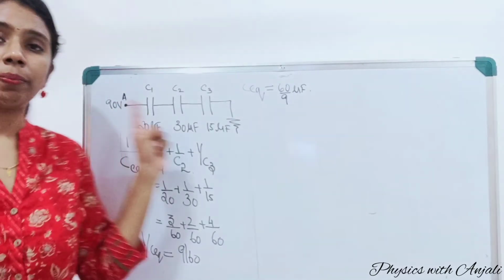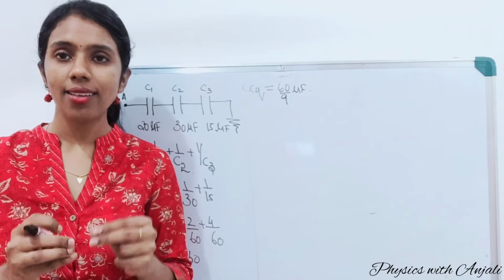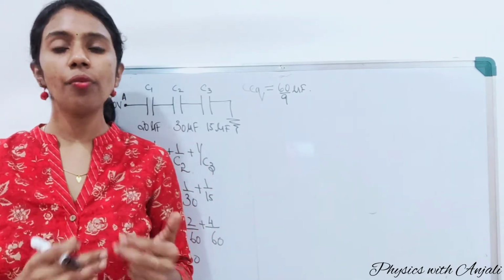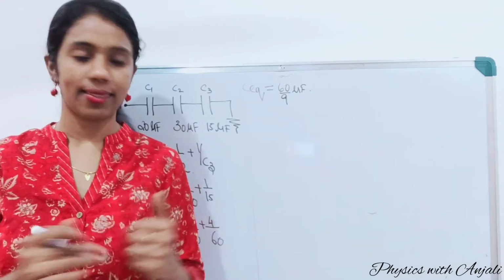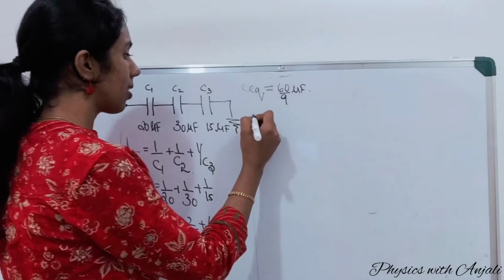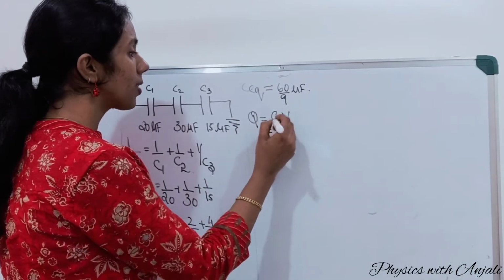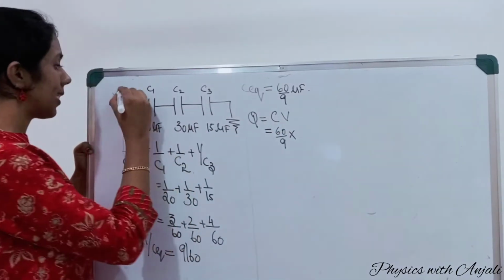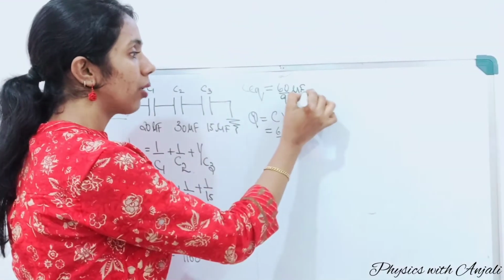Since the capacitors are connected in series, the charge on C1, C2 and C3 will be the same. So in order to find the charge, I am writing the equation Q is equal to CV. Instead of C, we write 60 by 9, and instead of V, we write 90 volt, where C is in microfarad.